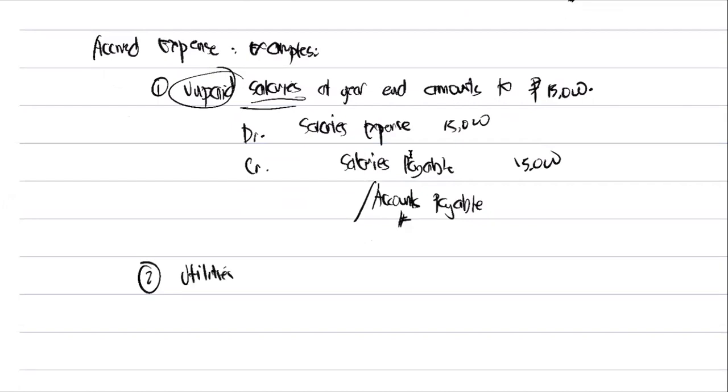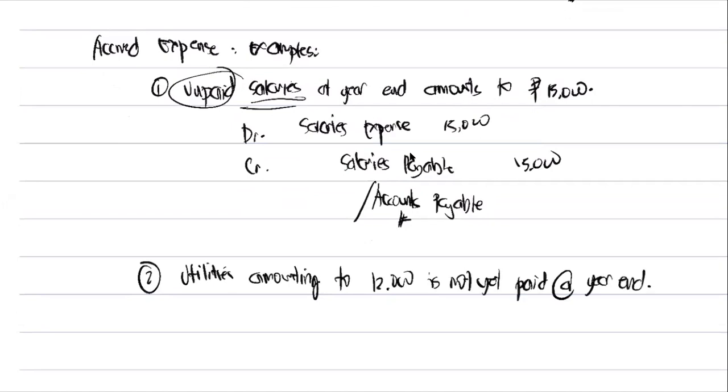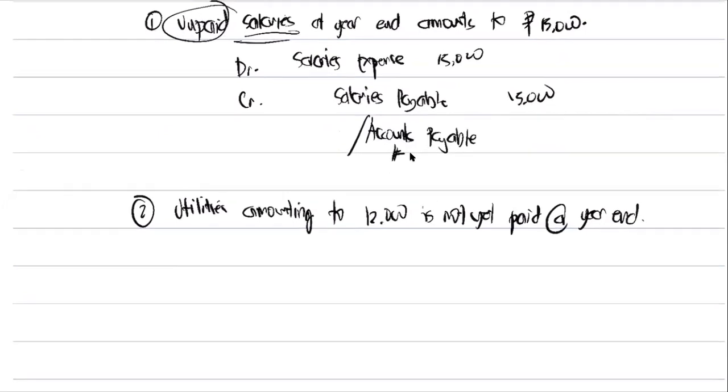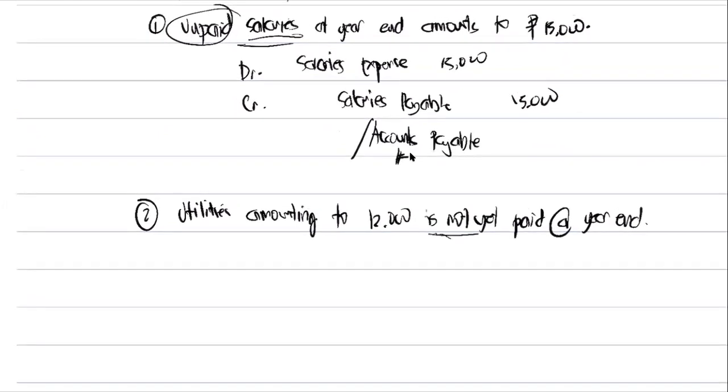Utilities amounting to 12,000 pesos is not yet paid at year end. So here we have another unpaid expense, utilities. Okay, so how do we record it? We just debit an expense.